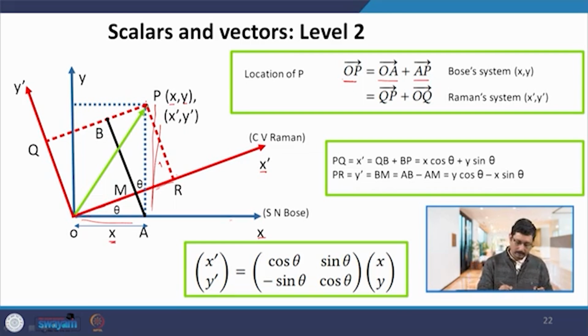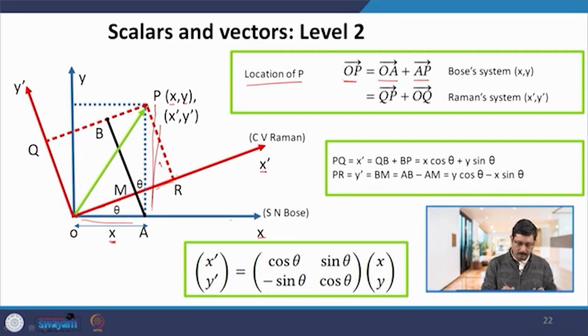Again, he can denote the position vector of the point P from O as a sum of two pieces, OR and then RP.